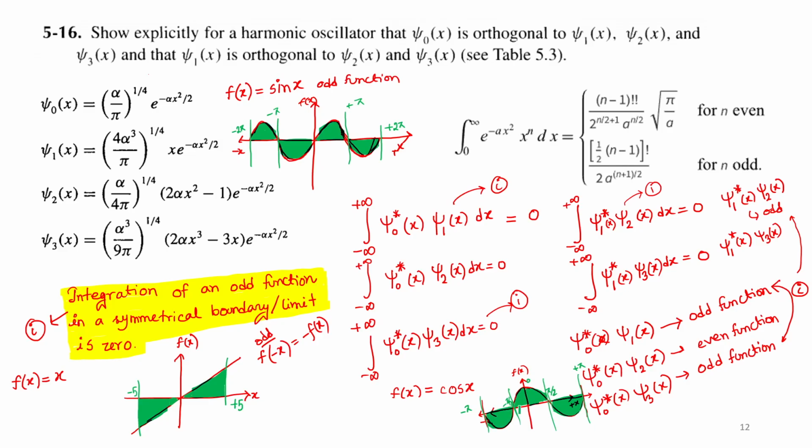Now similarly, I think I have made a mistake. Here it is minus pi by 2, 0. Here it is. I've done one mistake.